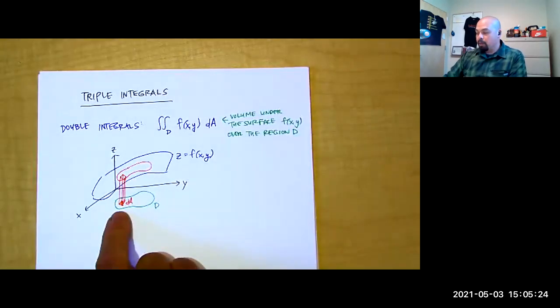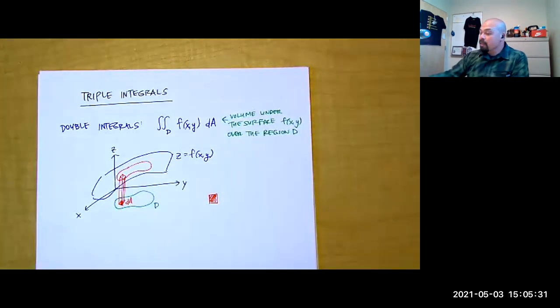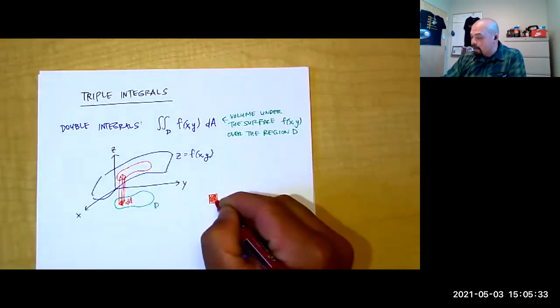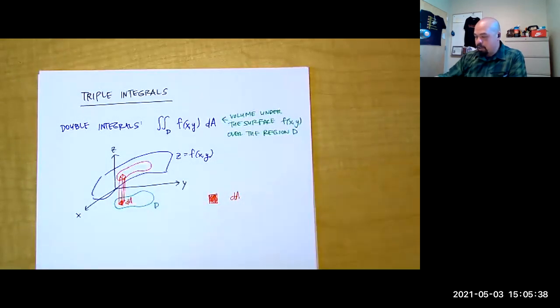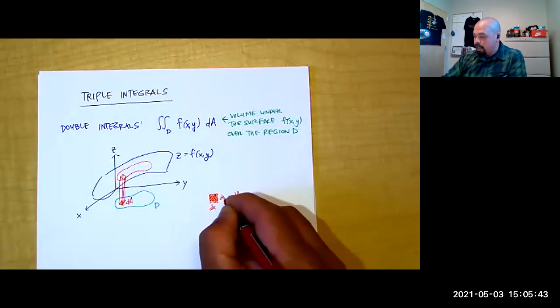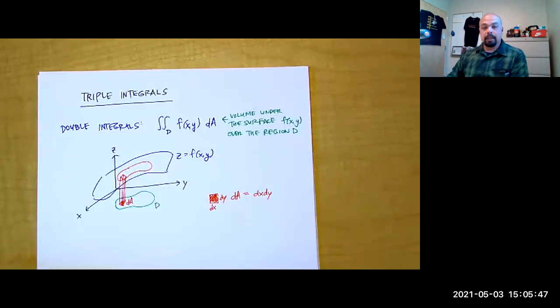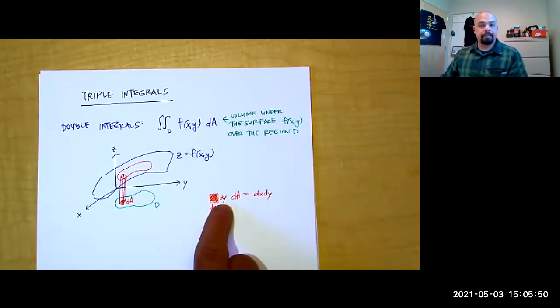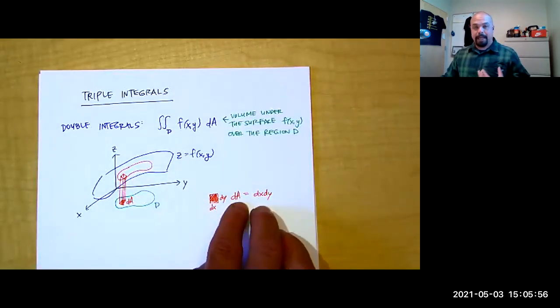But the big point was we'd have that dA, that little rectangle of area in that region D, where it had some dx, dy components, right? Some little width, some little height in those directions to compose the dA.